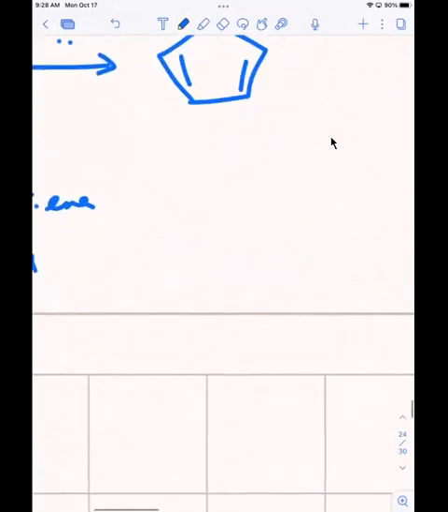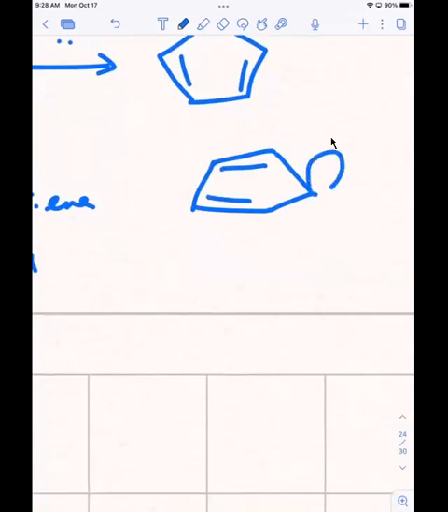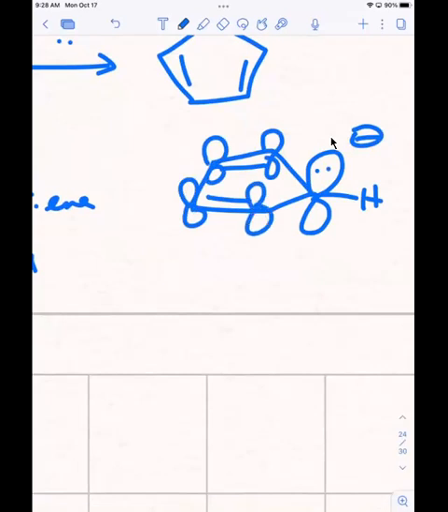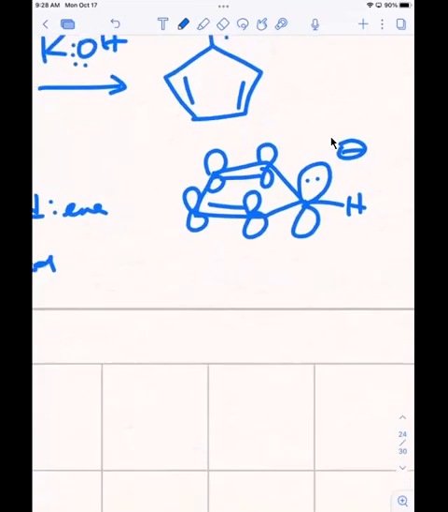In reality, I'm going to try to draw it in 3D. It looks like this. So it's all planar. And the hydrogen is here, and those electrons are in a p orbital. And the fact that they're in a p orbital and your other pi bonds all have p orbitals on them, that makes it fully conjugated.